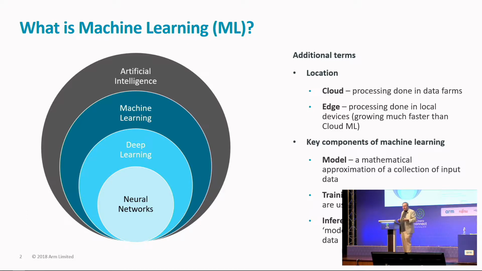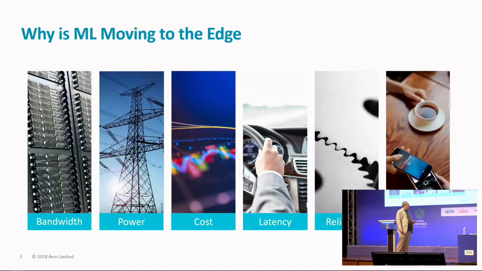But generally, these models have been trained in the cloud and run in the cloud. What we're going to look at is how we can make these models run on a wee tiny Cortex-M microcontroller.